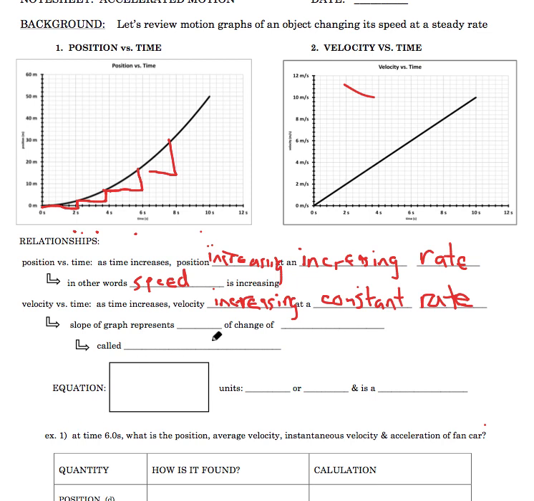So let's talk about the slope of this graph. If we were to take the change here and the change here, we'd see that this vertical part represents the change in how fast we're going, and of course the horizontal part is the change in time. So the slope is really this divided by that, delta v over delta t, which means that it represents the rate, because the t is in the bottom, of change of velocity.